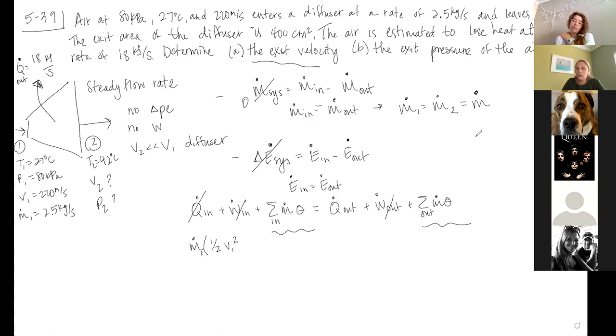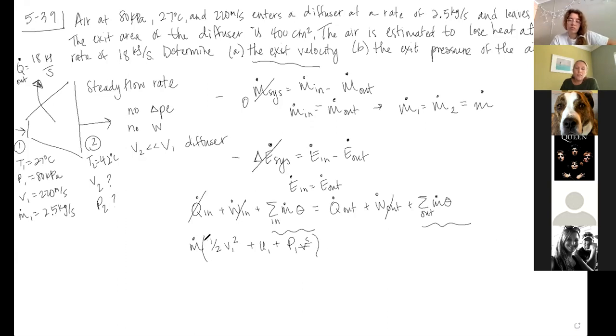So you can just start writing them as mass flow rate. It's not wrong for you to still denote this as m1, but it doesn't matter if you don't, because all of our mass flow rates are the same here. So I already dropped it, even though technically this should be mass incoming times the kinetic energy term plus our potential energy plus our pressure at point one times our specific volume, because I'm working in per mass units here.